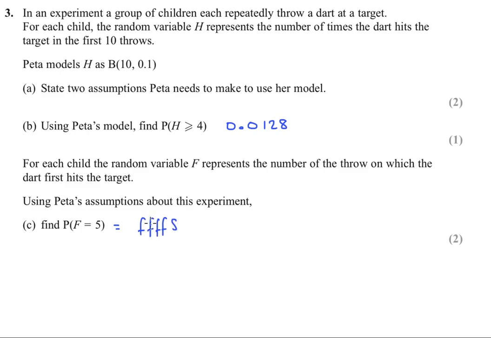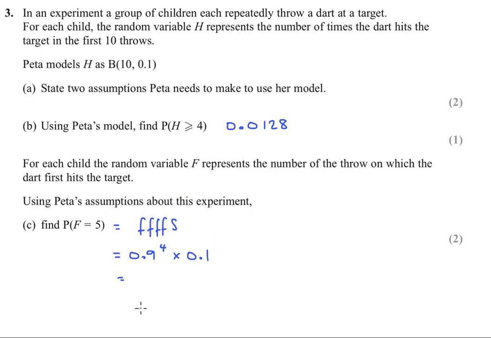The probability of failing is going to be 0.9. So this is 0.9 times 0.9 times 0.9 times 0.9, so 0.9 to the power of 4, and then that child is successful. So that's the calculation to work this out.